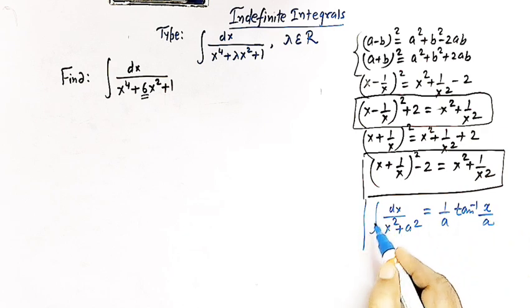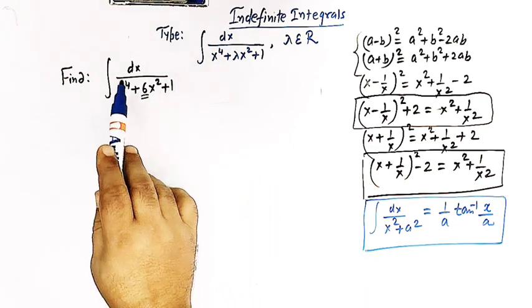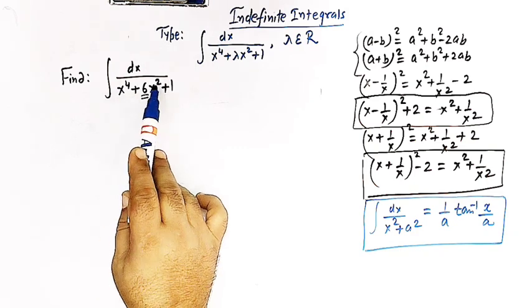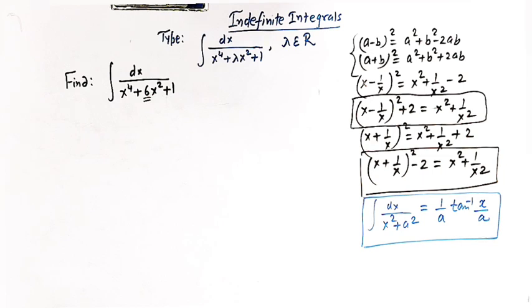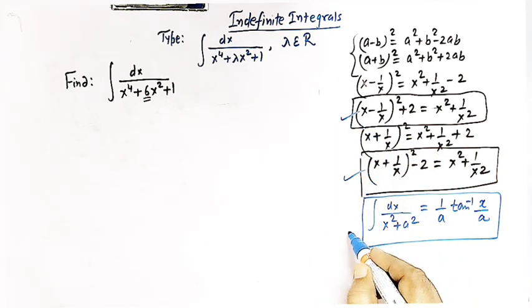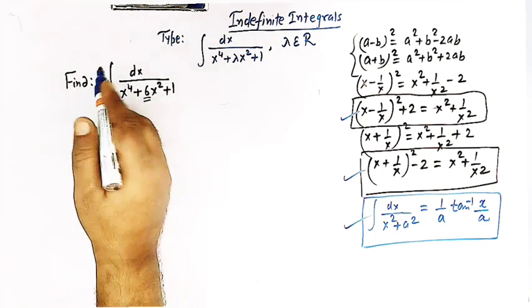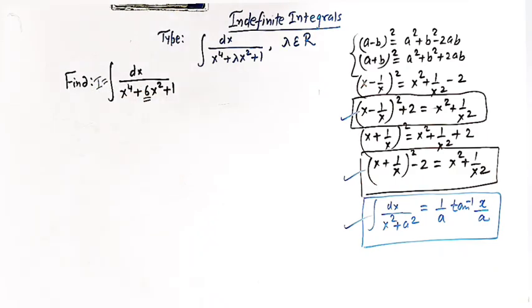This integral is going to be very significant when we integrate the function 1 over x raised to 4 plus 6x square plus 1. To summarize, these three important results are going to be used in solving this integral. Let us take this integral as I.